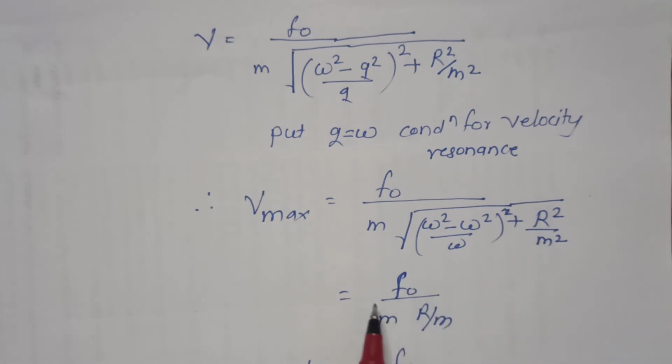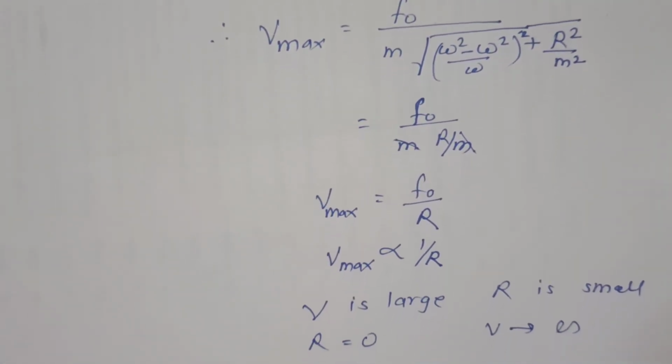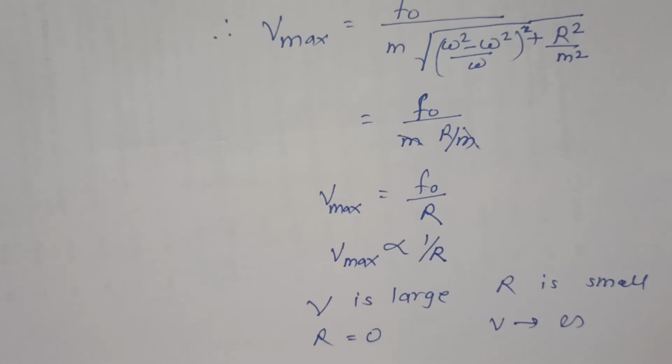On simplification we get f0 by m multiplied by r upon m. This m gets cancelled with this m, then we get V max is equal to f0 upon r. It shows that V max is proportional to 1 upon r. When V is large, r is small. When r is equal to 0, V is equal to infinity.